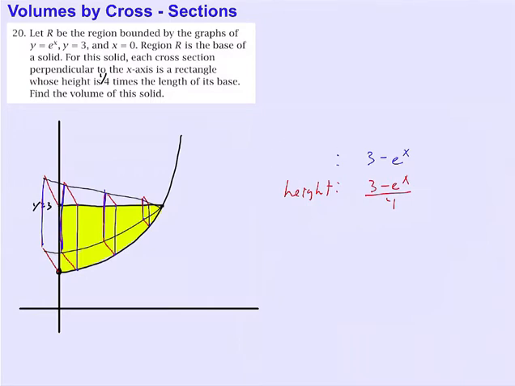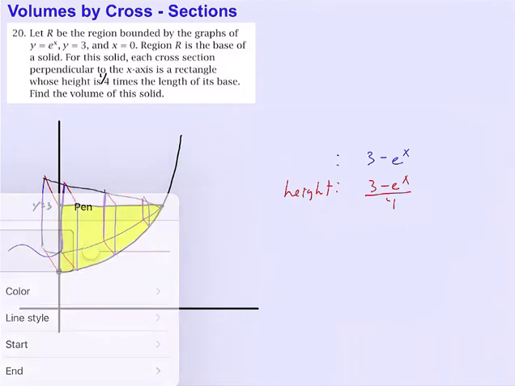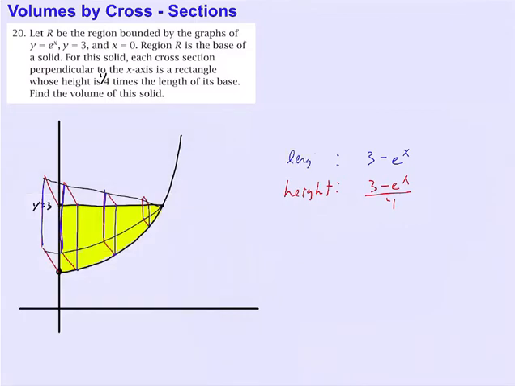I really should have called it the length, only because that's what the problem called it. Okay, so that is our one-dimensional measurements. The two-dimensional measurements would be if I want to find the area of that cross-section. So what I'm going to do is imagine finding the area of this cross-section right here.